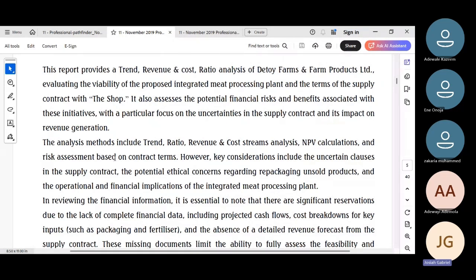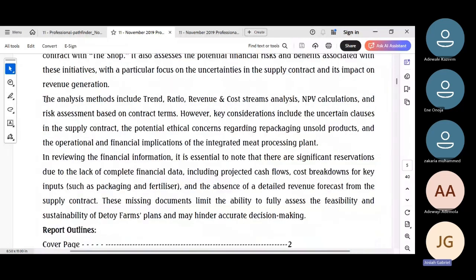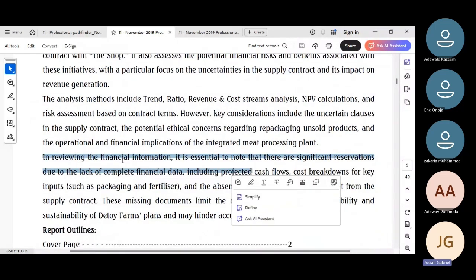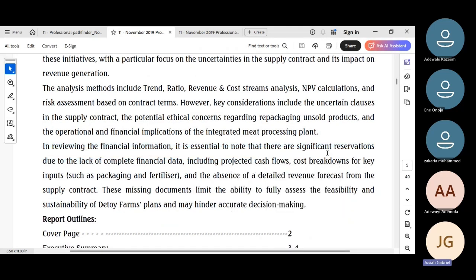Then take note of the analysis and also the review of financial information. We said in reviewing the information, it is essential to note there are significant reservations due to the lack of complete financial data, including projected cash flows, cost breakdowns for key inputs such as packaging and fertilizer, and the absence of a detailed revenue forecast from this supply contract.